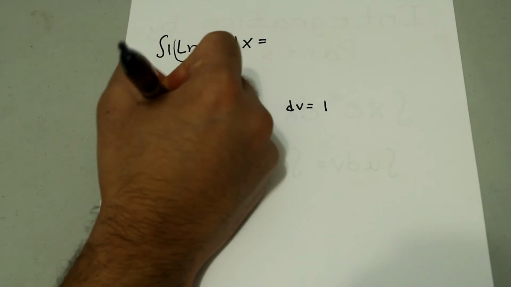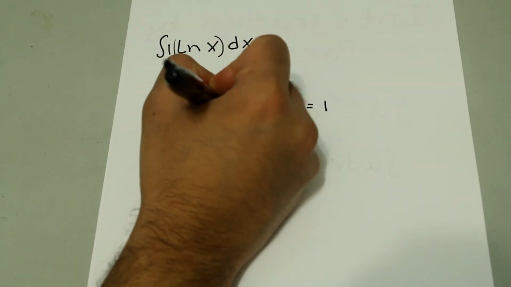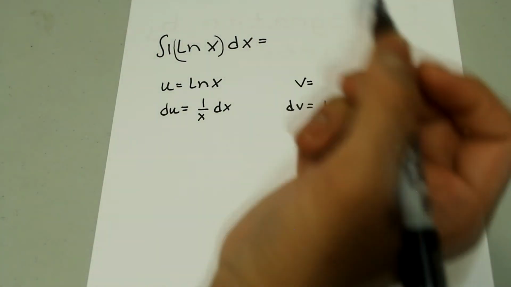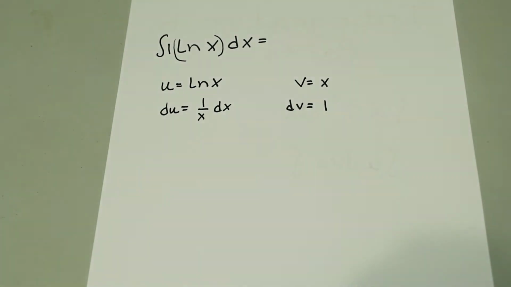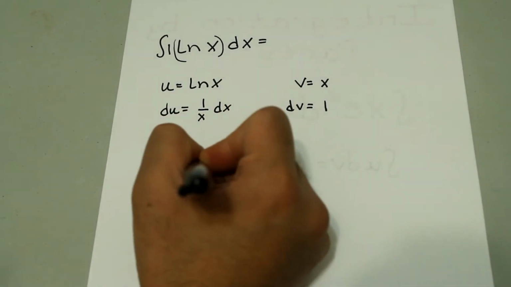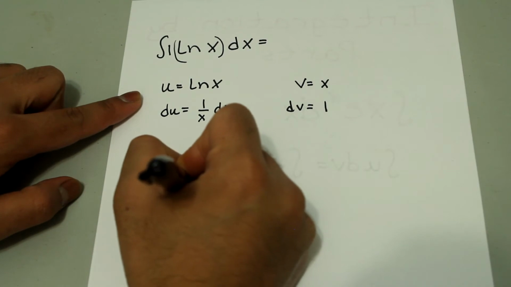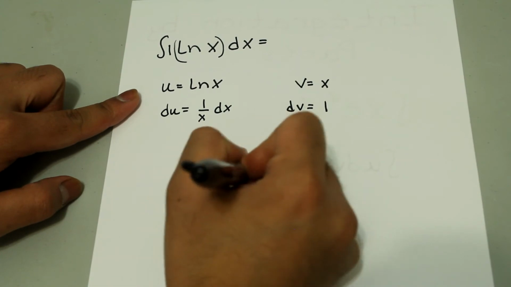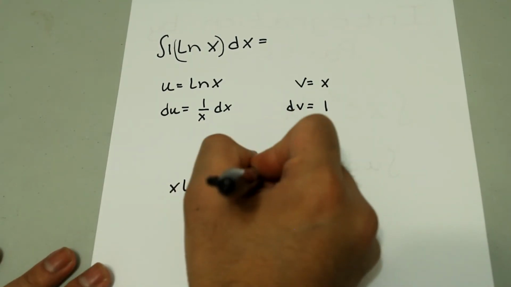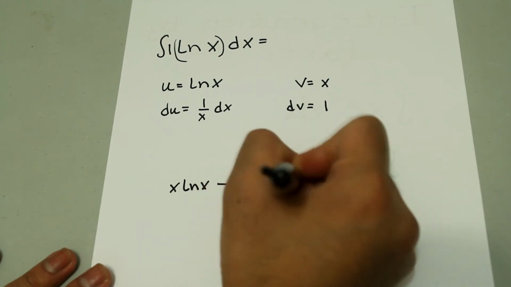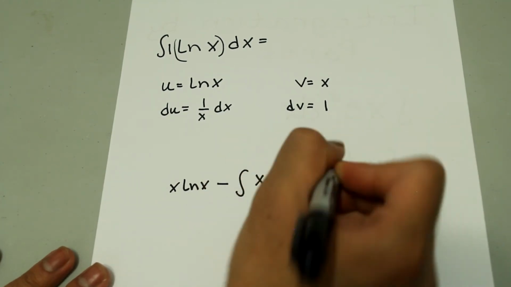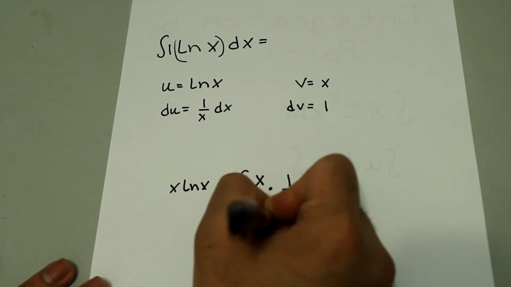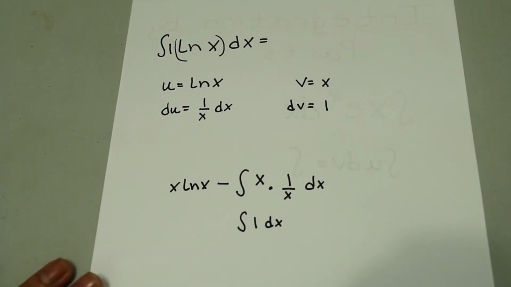So from this we can get our du, which is just 1 over x dx, and from the dv, the integral of 1 is just x. Now we just go back to our formula. uv, which is natural log of x times x, minus integral of v, which is x, times du, 1 over x dx. x over x is just 1, so integral of 1 dx, and the integral of 1 is just x.